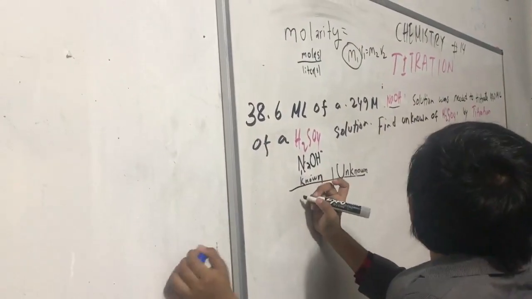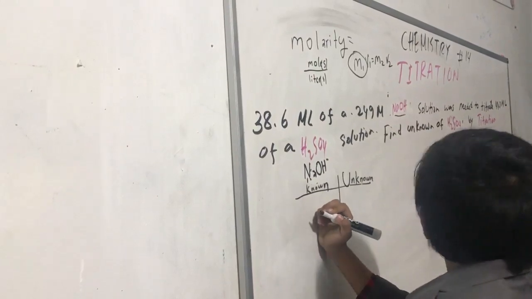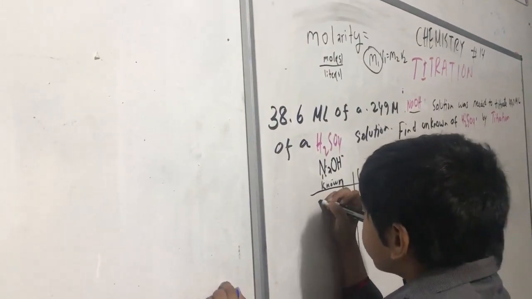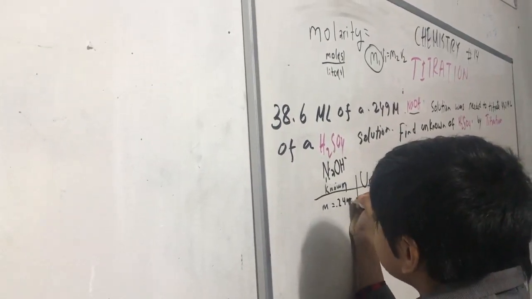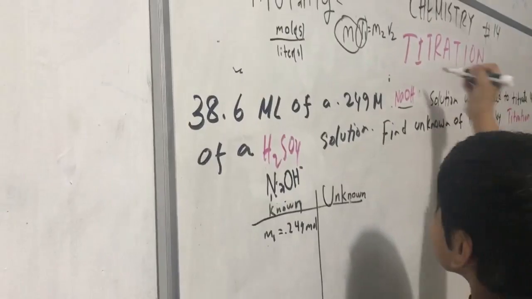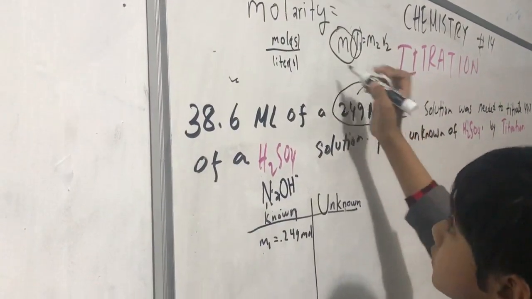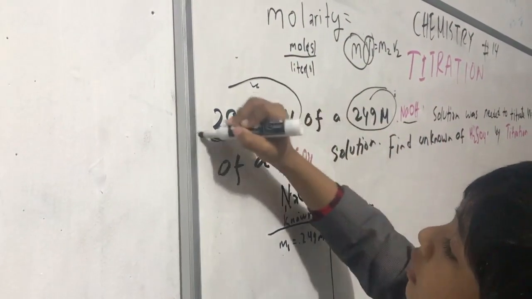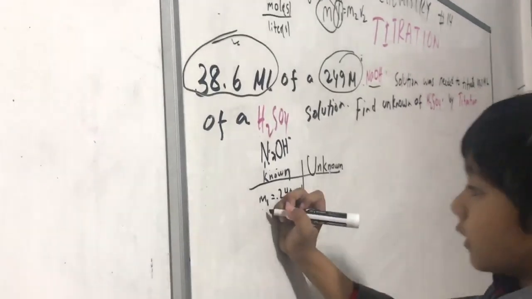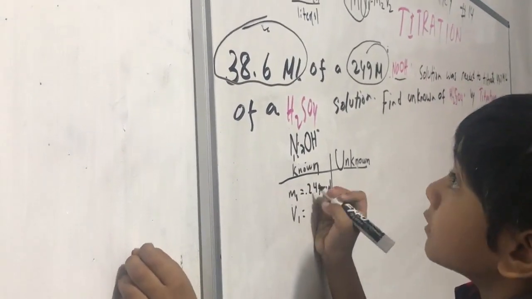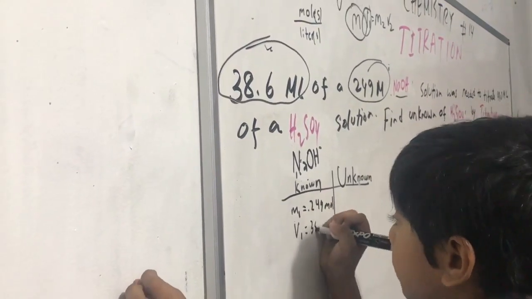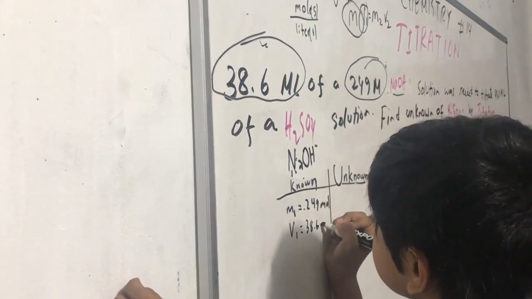The amount of sodium hydroxide is 0.249 moles. We also need to use the volume of NaOH, which is 38.6 milliliters.